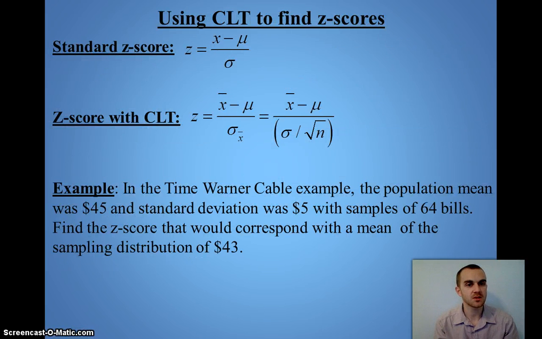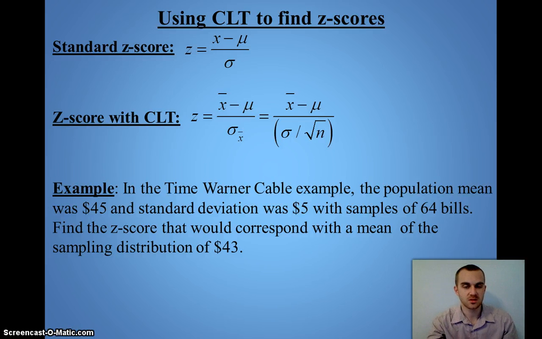Now say for some reason you need to find a z-score for a central limit theorem problem. We use the same method, where we take the sample mean minus the population mean, and divide that by the sampling standard deviation. So say we still have that same Time Warner problem, but the mean of our sampling distribution in this case was $43.